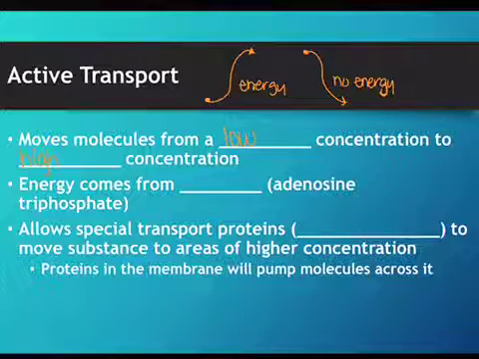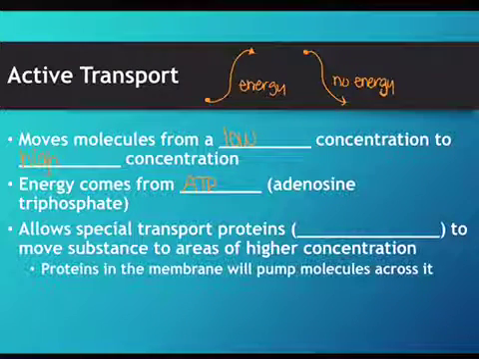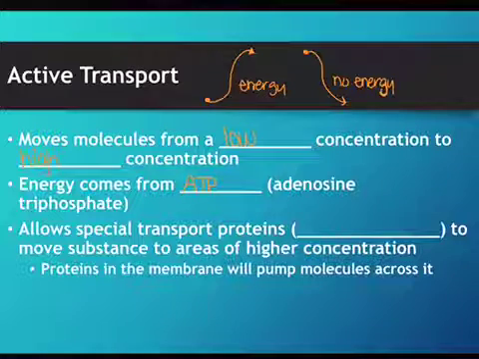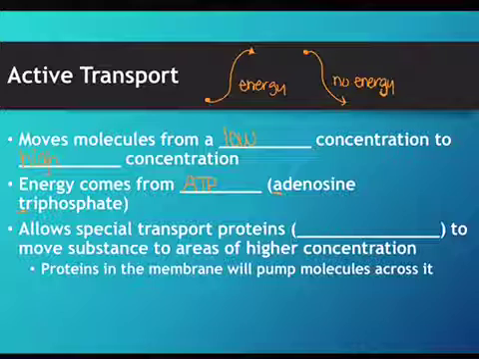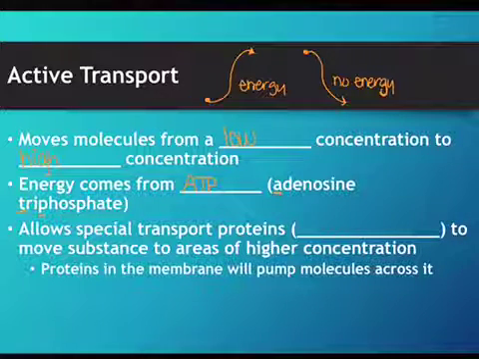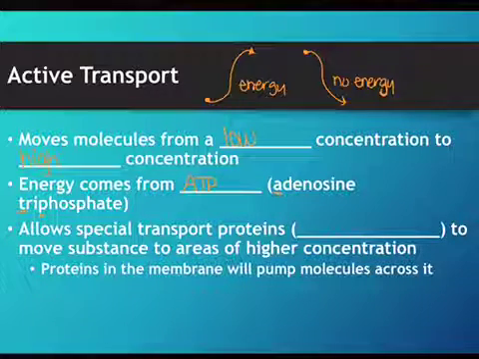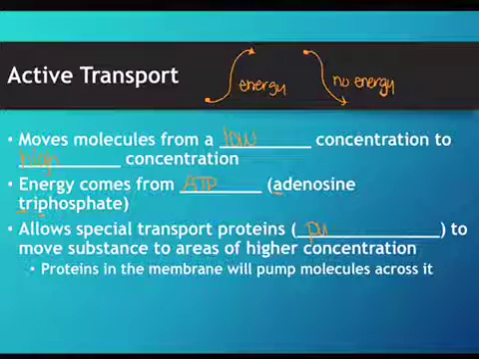So this energy comes from a molecule called ATP, and we're going to be talking a lot about ATP here in this next chapter. So what you need to know and remember is that energy comes from ATP. And ATP stands for adenosine, which is where we get our A, T, phosphate P. And this allows special transport proteins called pumps to move substances to areas of higher concentration.